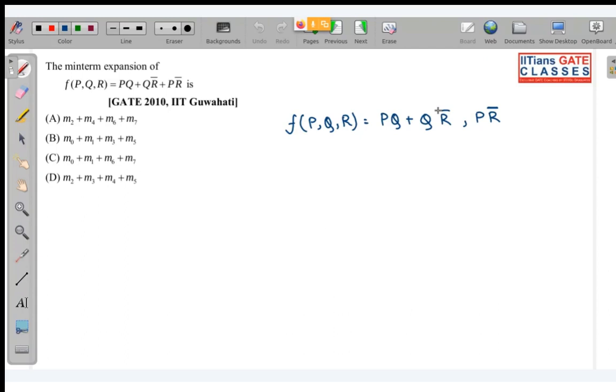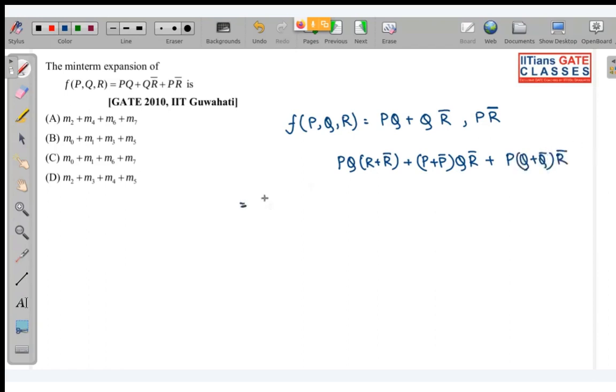So look over here. If I convert this SOP to standard SOP, so here it is PQR. So here R is missing, so I can write it like PQ R plus R complement. Here P is missing, so this will be P plus P complement Q R complement. Here Q is missing, so this will be P Q plus Q complement R complement.